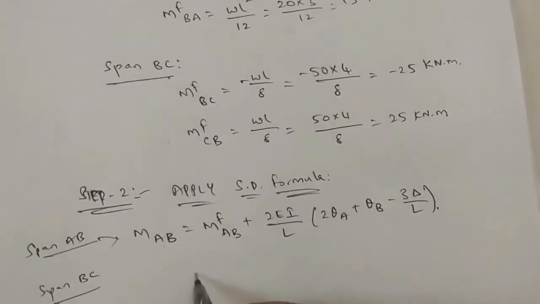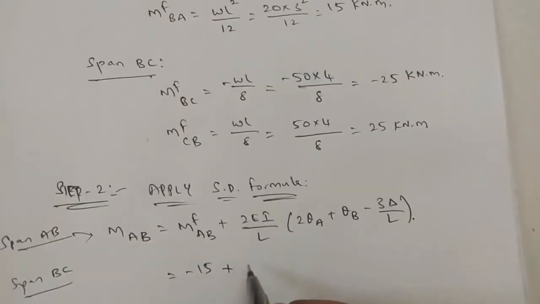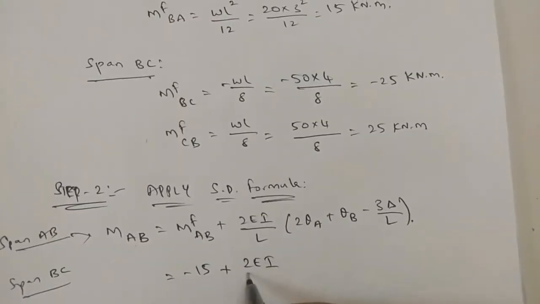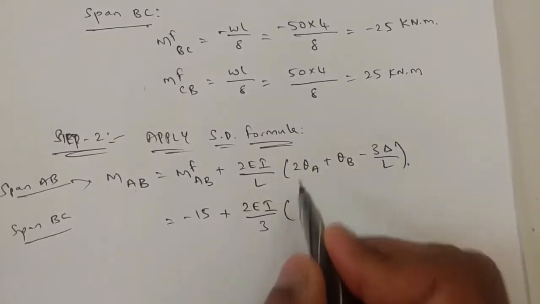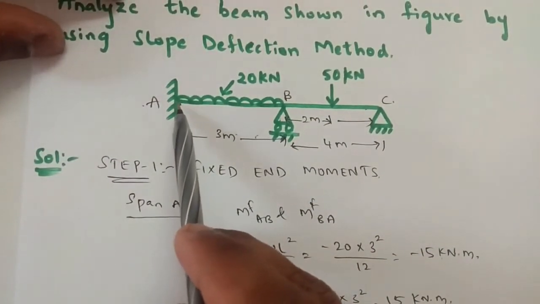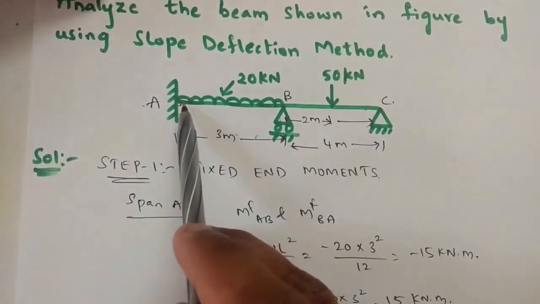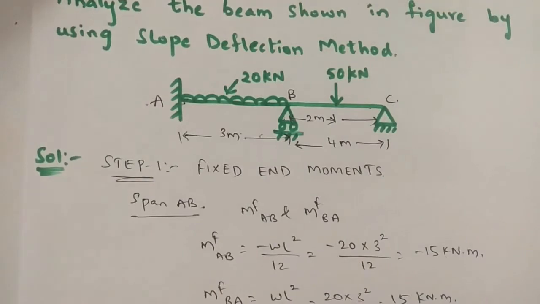Minus 15. So substitute minus 15 plus EI. In the problem EI value is not given, so I am writing EI as constant. The length of the span is 3 meters. Here theta A value will be 0 because it is a fixed support.